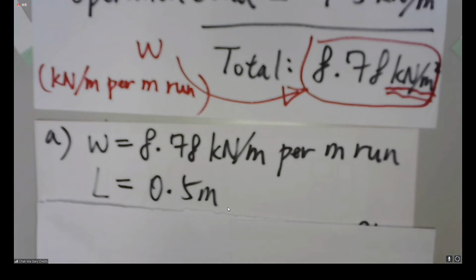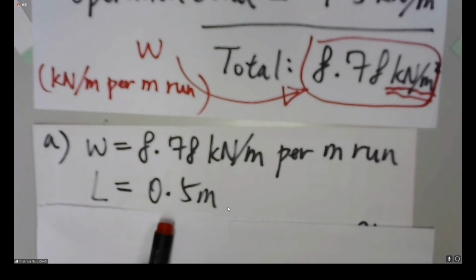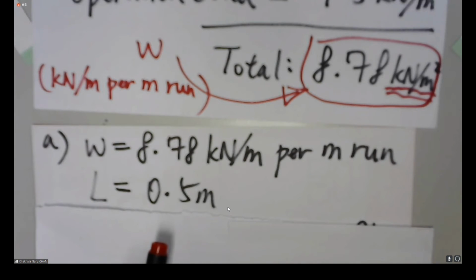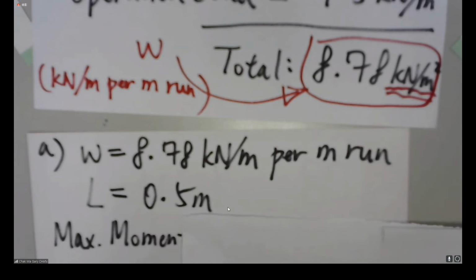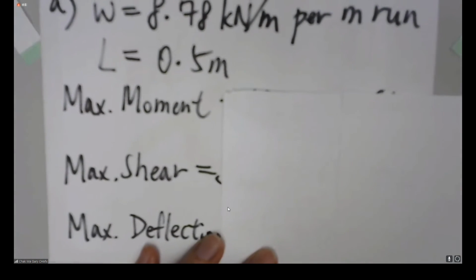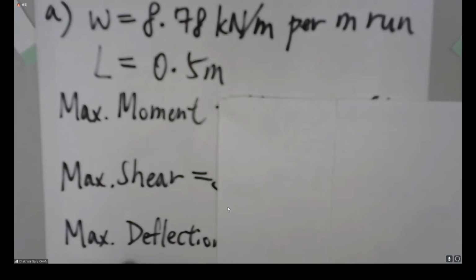That is the W, the uniformly distributed load on the slab, on the plywood. And the span of the plywood is L. L is 0.5 meter. 0.5 is the spacing between the joists. And then you should be able to calculate the maximum bending moment, maximum shear, and maximum deflection one by one.